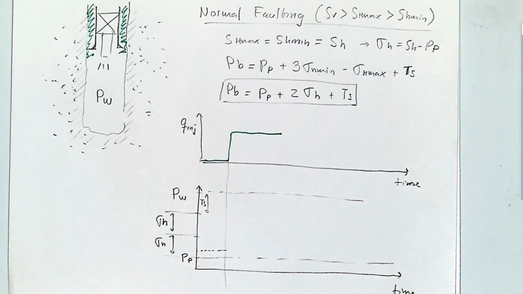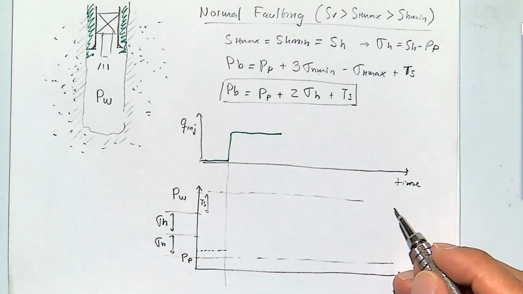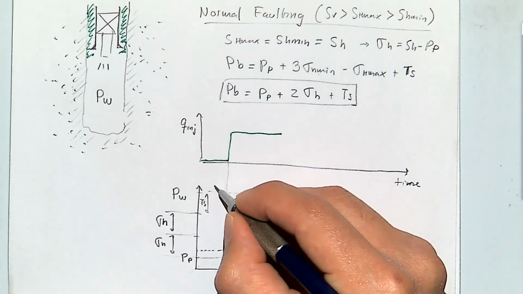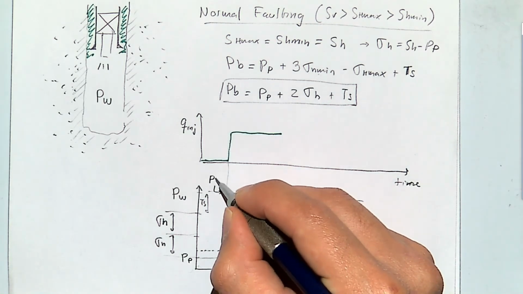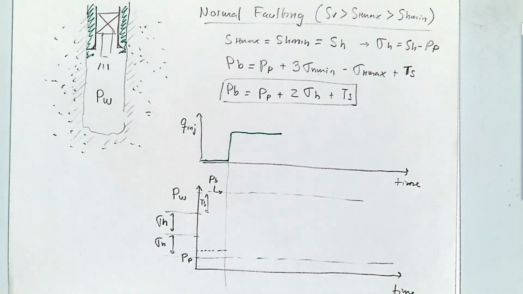Okay. Then what this equation is telling me is that the maximum pressure, or the pressure at which the wellbore is going to break, is going to be limited by this maximum value. So actually this value, we could say it is PB.